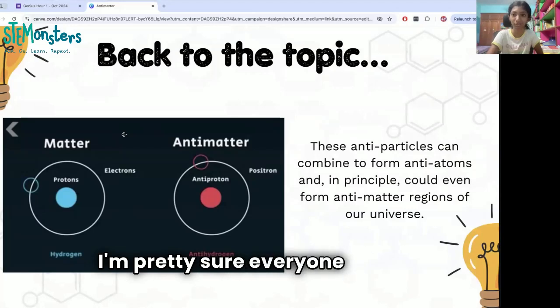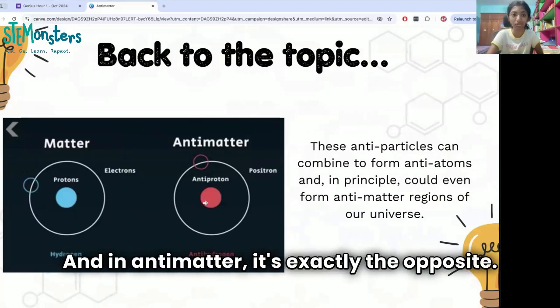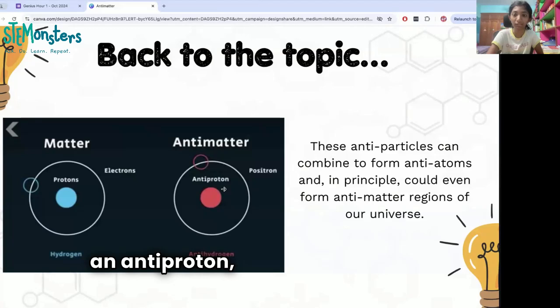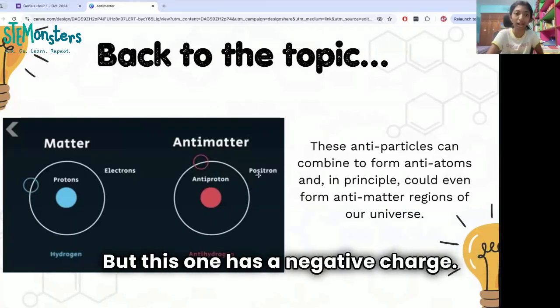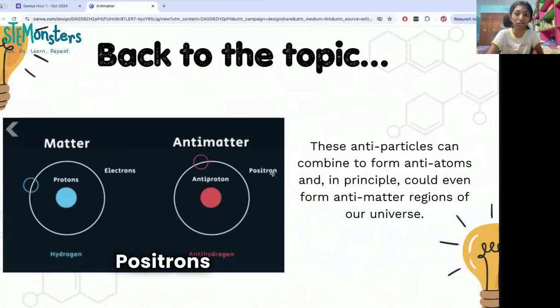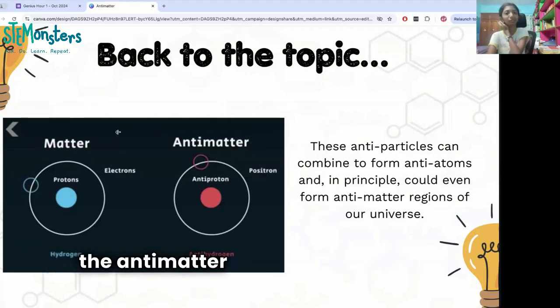I'm pretty sure everyone knows this. And in antimatter it's exactly the opposite. Instead of a proton, we have an antiproton, which is its equivalent, but with a negative charge. And instead of electrons, we have positrons. Positrons are positive, which are the antimatter equivalents of electrons.